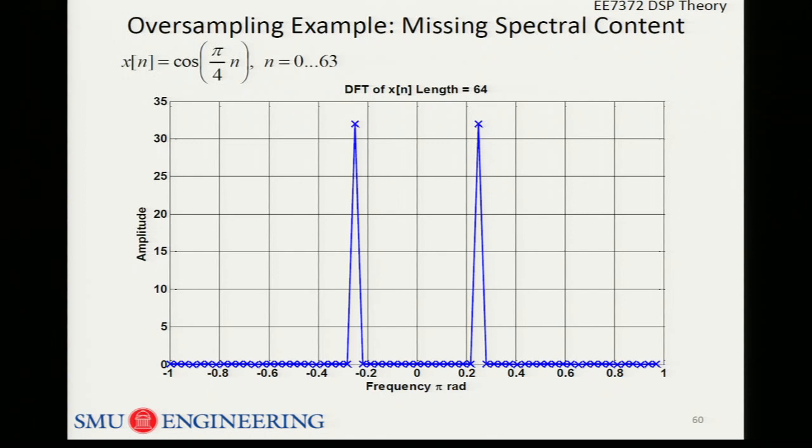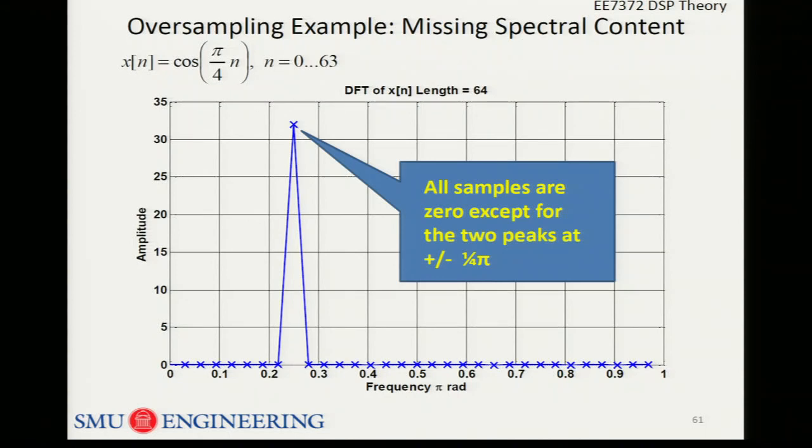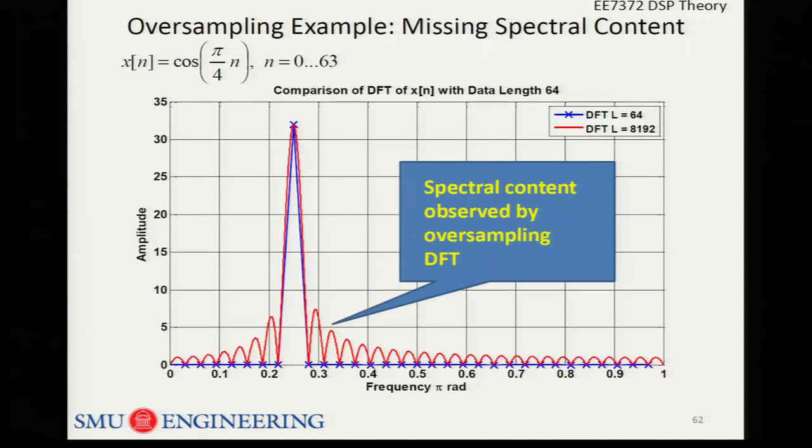So one example is missing spectral content. If we sample this with a DFT length of 64, and this is the pi/4, it looks like everything is 0 there. Which is it? Well, it is, but it's 0 where we sampled it.